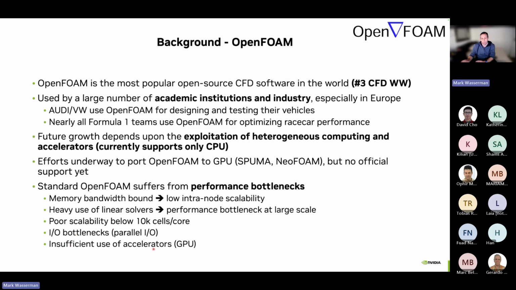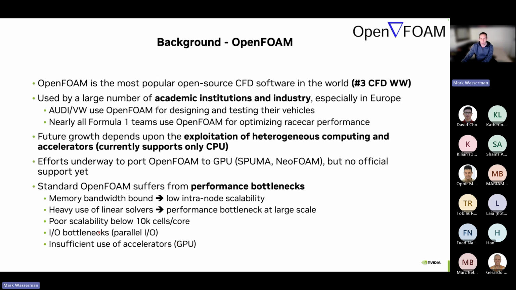The last point, which I already made, was the insufficient use of accelerators. So the fact that it does not effectively utilize GPUs really limits its performance today. And there are various reasons as to why it is not straightforward to port OpenFOAM to GPU. I will not go into them, but this is currently a very big Achilles heel, so to speak, of OpenFOAM that is trying to be addressed by many people.